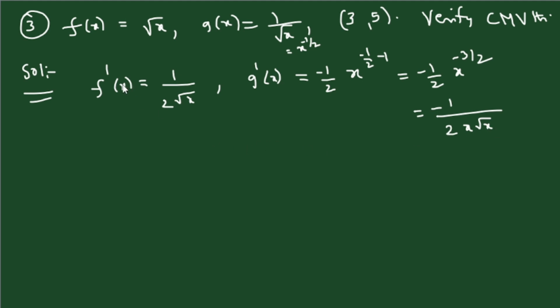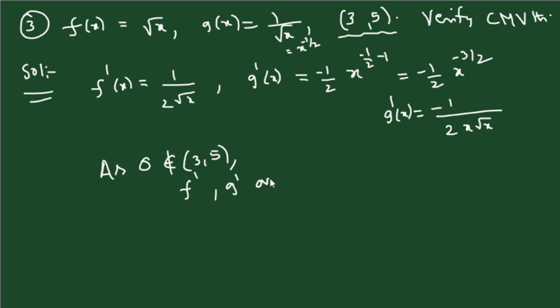So for both g dash and f dash, the denominator becomes 0 only when x equal to 0. And if 0 is not there in the given domain, then f dash and g dash are well defined. And clearly, because the interval is 3 comma 5, as 0, the only troubling point, does not belong to the 3 comma 5 interval, f dash and g dash are well defined.